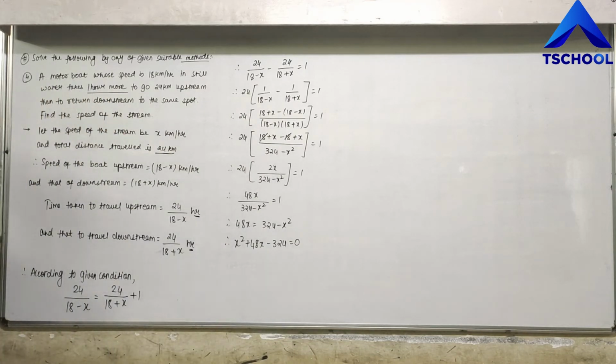Now I need the factors here of 324 as the multiplication of 48.